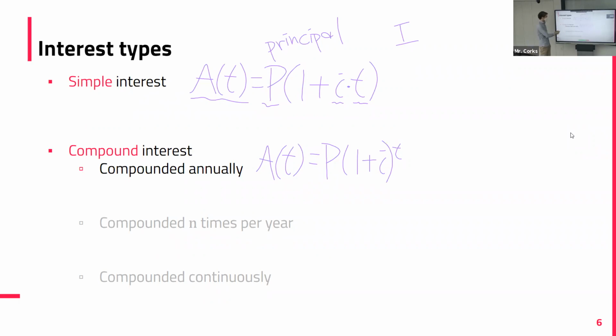Just to remind you, this is for when we are compounding interest annually. So once a year, the gathered interest gets applied back to the existing value, and then new interest is applied to the principal plus that extra interest. So happening once a year.